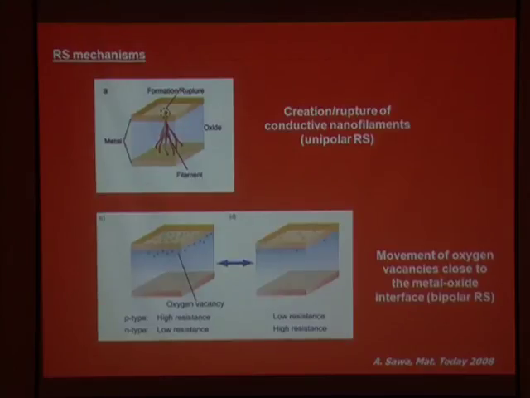The unipolar behavior is usually related to the creation and breaking of a conductive nanofilament connecting the two electrodes of the device, while bipolar resistive switching in complex oxides is related to the electrical drift of oxygen vacancies close to the oxide-metal interface. In this way, you can put or remove vacancies, and in this way, you can modulate the resistance of the interface.